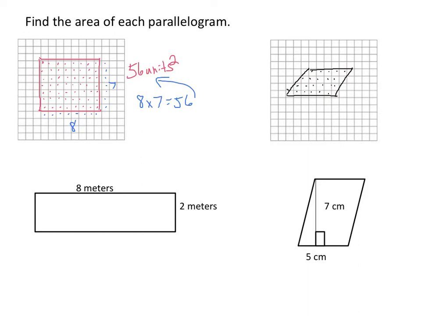But what we can notice is 6 across the bottom. And if we look at the height, we have 4. So, oops, not 6 times 6. It's about 24 units squared, just like here.